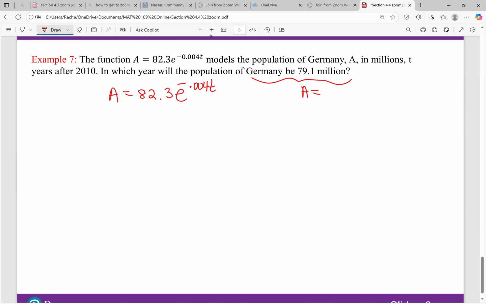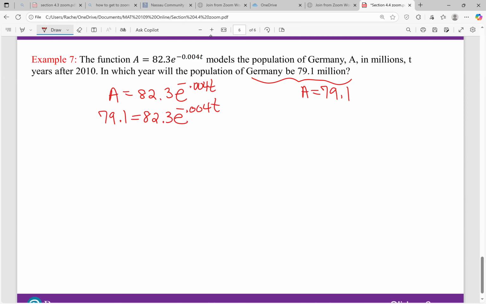So I'm asking for when A is going to be 79.1, because that's the population amount. So let's set A equal to 79.1. That has to equal 82.3 times e to the negative 0.004t. And we want to know, in what year will that happen? So we're solving for t, because t is the number of years after 2010.